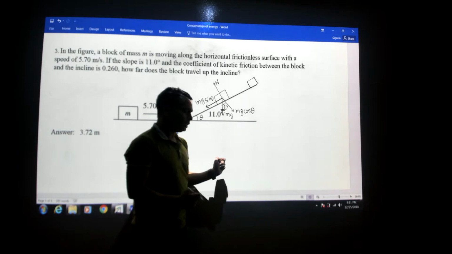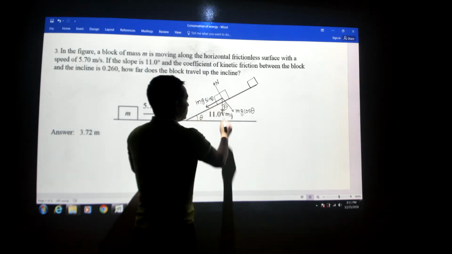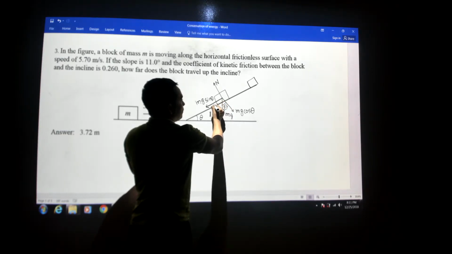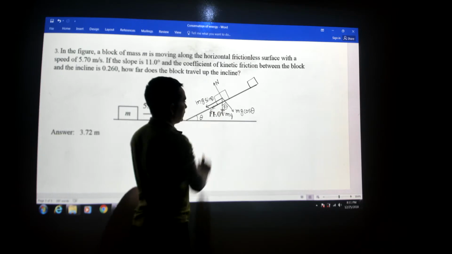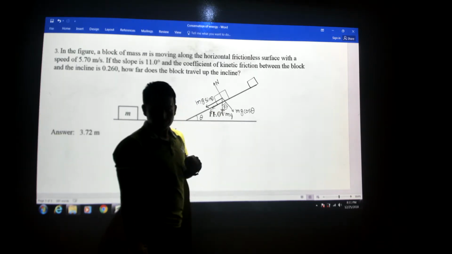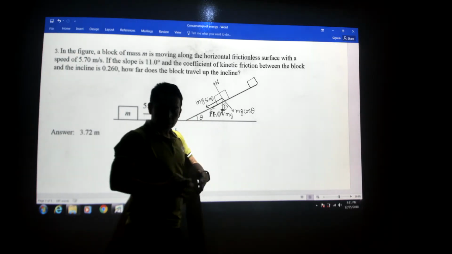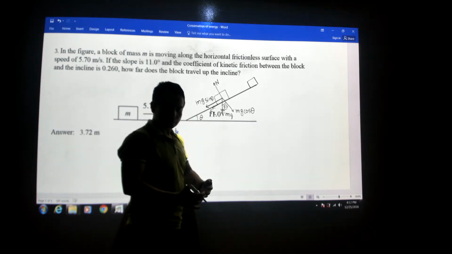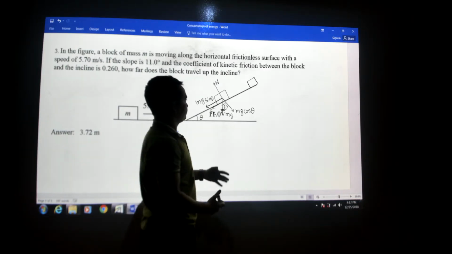As this block is moving along the inclined plane, the friction force is acting backwards. This is the friction force, and I'm using Fk here, because this is the kinetic friction. So here the total amount of work done is equal to the initial kinetic energy.